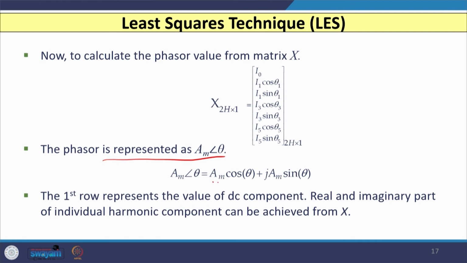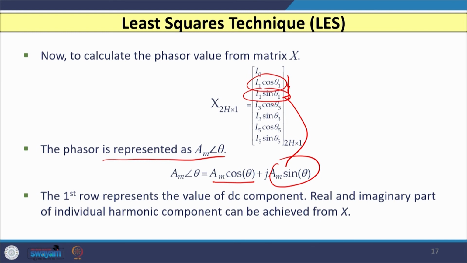So, if I want to calculate, let us say, the phasor of this, then Am cos theta is nothing but your I1 cos theta 1, and your I1 sin theta 1 is nothing but your Am sin theta. So, I1 cos theta 1 plus j I1 sin theta 1 is nothing but the phasor value of this term.